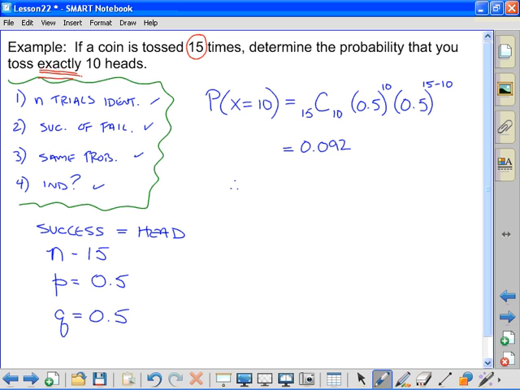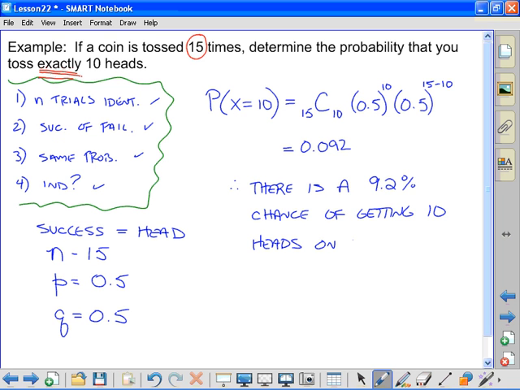So therefore, however you want to report it, there is a 9.2% chance of getting 10 heads on 15 flips.